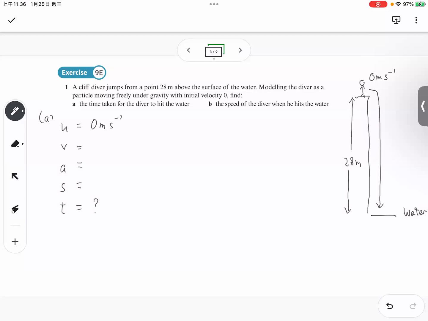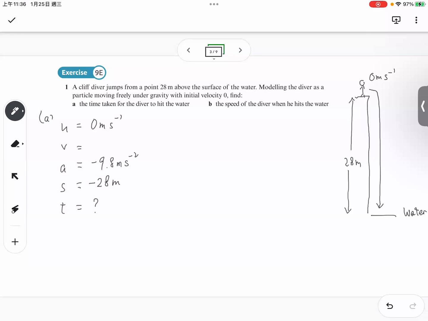For this question, I have 28 meters, which is the displacement. But please pay attention: I choose going upward to be positive, so this time S will be negative 28 meters because it goes downwards. And this one is based on gravity, so A this time is negative 9.8 meters per square second.